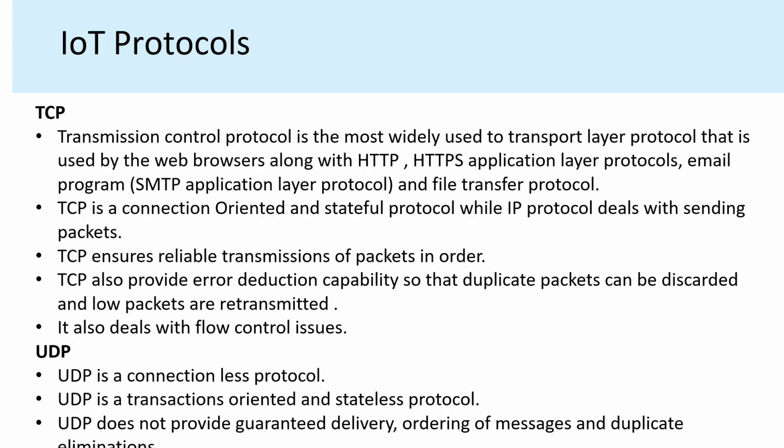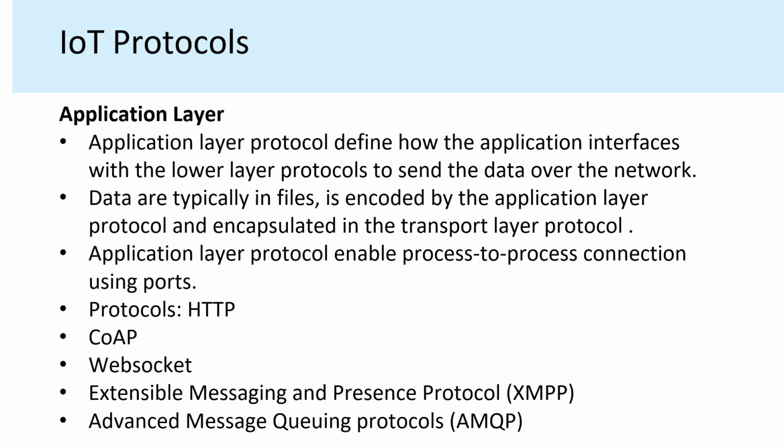It also deals with flow control issues. UDP is a connectionless protocol. UDP is a transaction-oriented and stateless protocol. UDP doesn't provide guaranteed delivery, ordering of messages, and duplicate elimination.